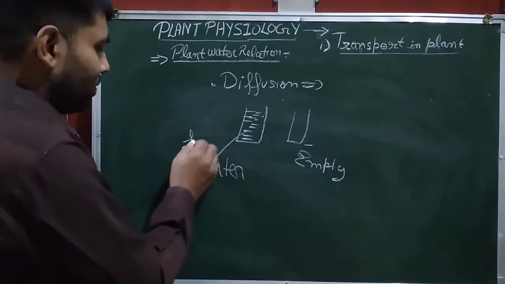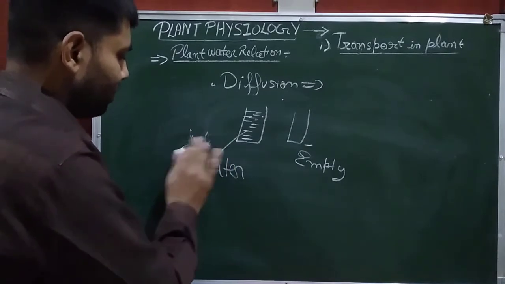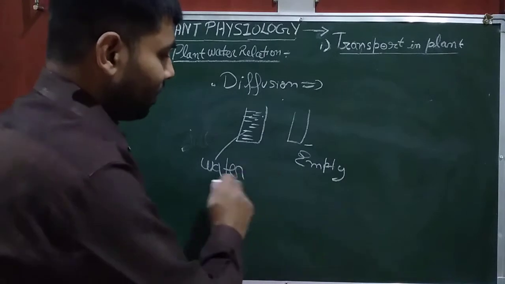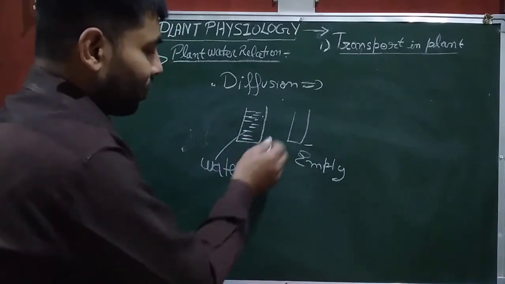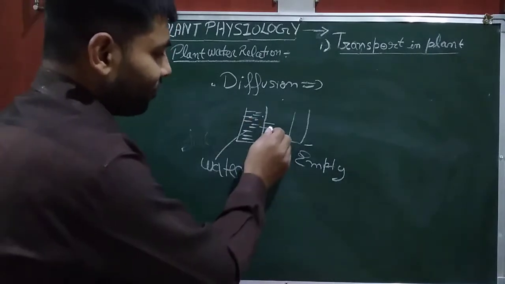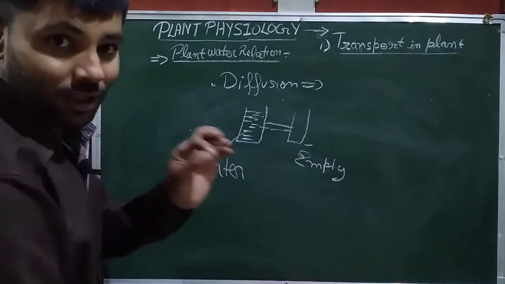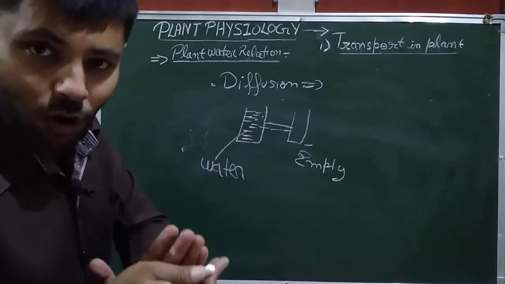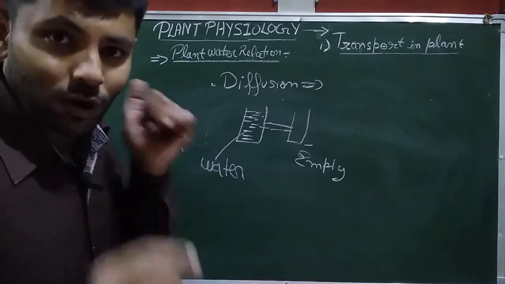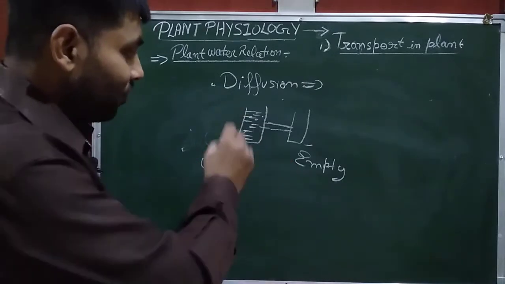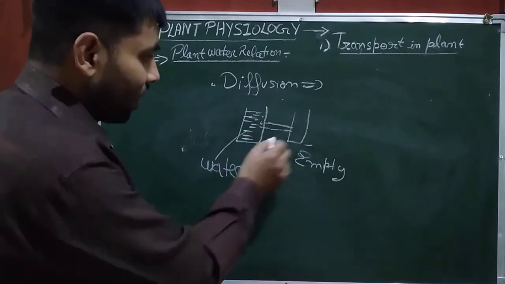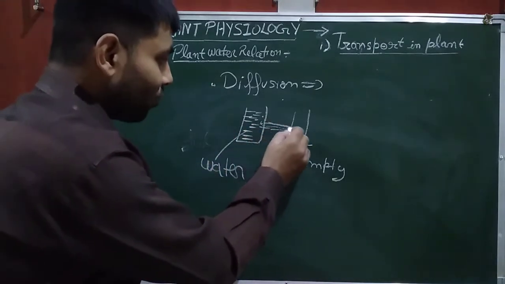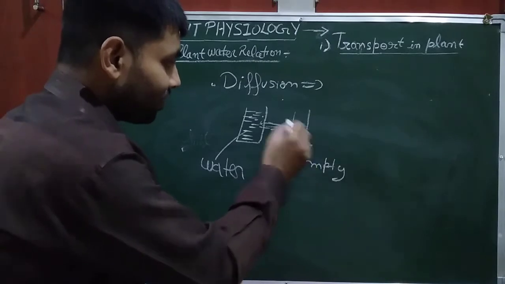Now see, if we put a tube in it and join the two, look carefully: by the natural phenomenon, without the requirement of energy, if we put a tube and make a hole here and here, the water automatically starts moving toward the lower concentration.